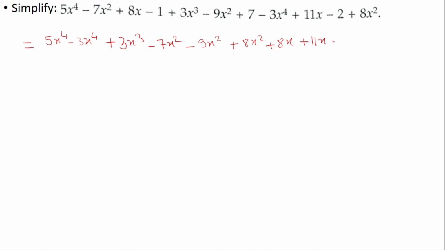So it will be minus 1 plus 7 minus 2. So after solving we will get 2x to the power 4 plus 3x cube minus 8x square plus 19x plus 4.